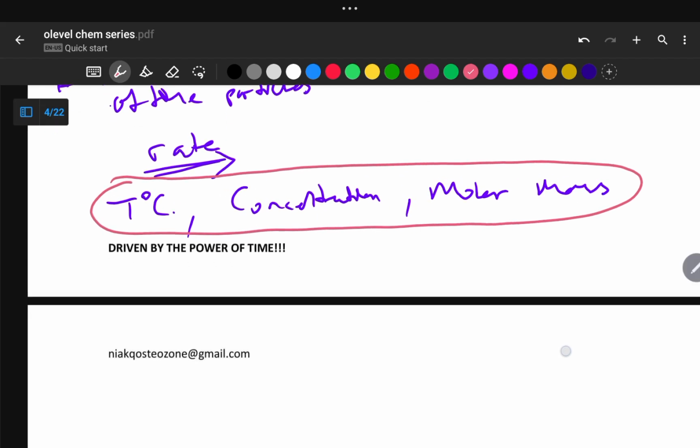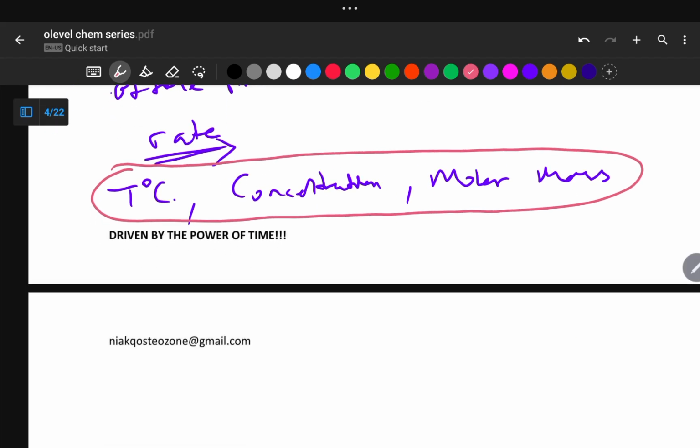Temperature: an increase in temperature results in an increase in kinetic energy, what we call the moving energy. This results in an increase in the molecular motion of the particles, which then results in an increase in the rate of diffusion.